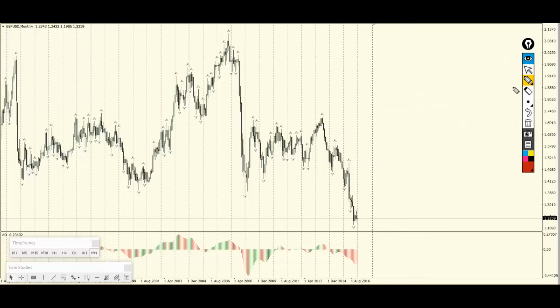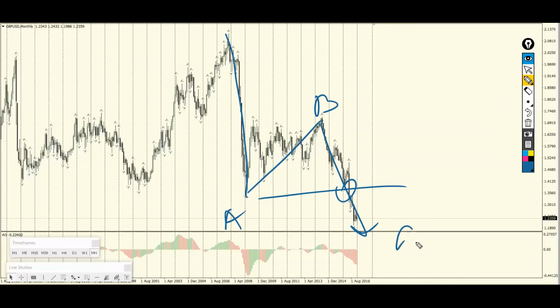First, the biggest time frame, monthly. On monthly we have FZR down, ABC, and here we have a trend phase down.